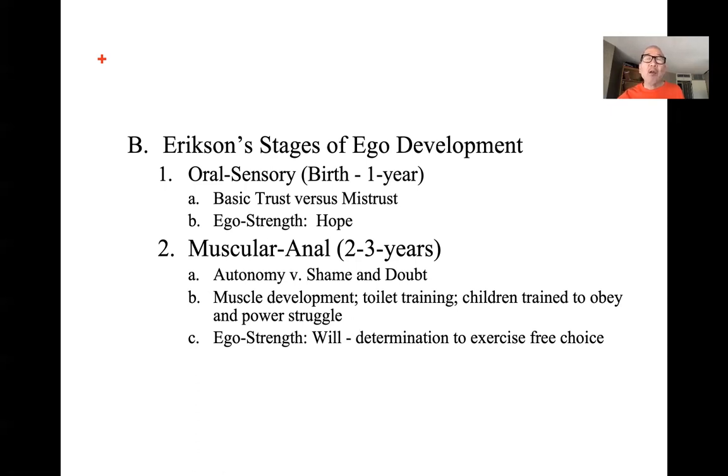Whereas if they're toilet trained via impatient, inconsistent, emotionally erratic, punishing parenting, they're more likely to develop a sense of shame and doubt about their abilities to act autonomously. And just like with the first stage, if they can go down a positive path, the personality or ego strength that will be developed is one of will. That they can exert a will or force or control over themselves to proceed further.